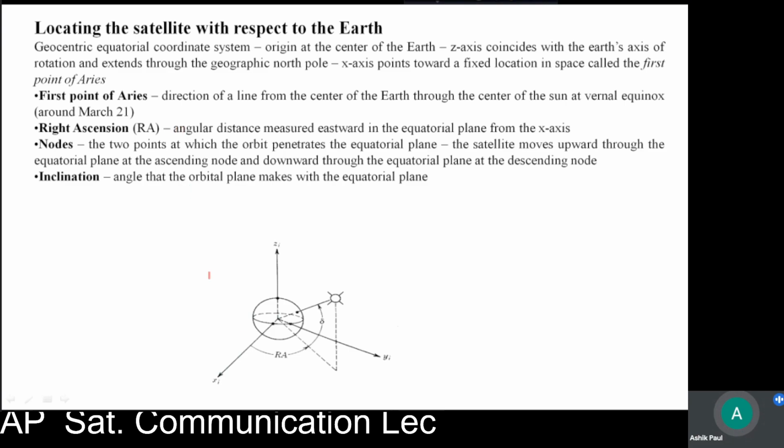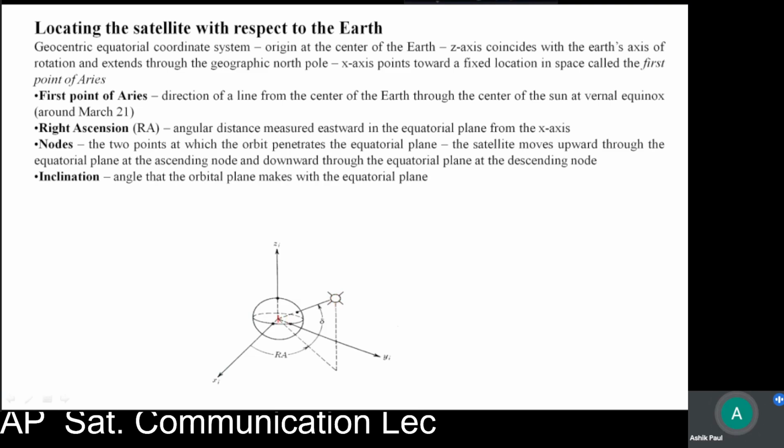So what is the right ascension? It is the angular distance measured towards the eastward direction in the equatorial plane from the x-axis. Suppose this is the location of your object in sky, whose coordinates you want to determine.